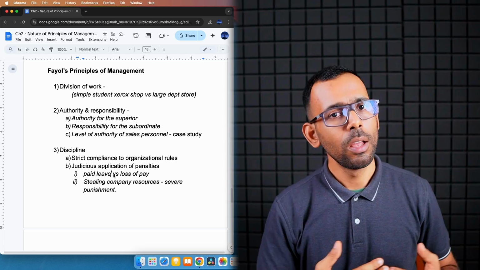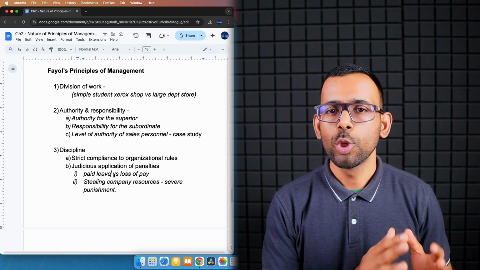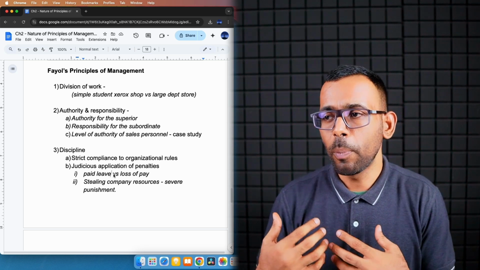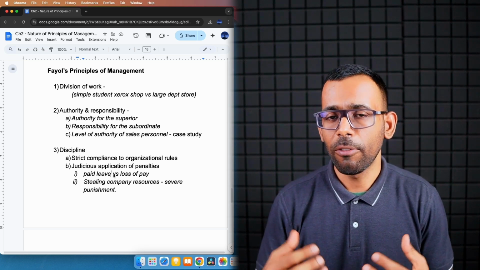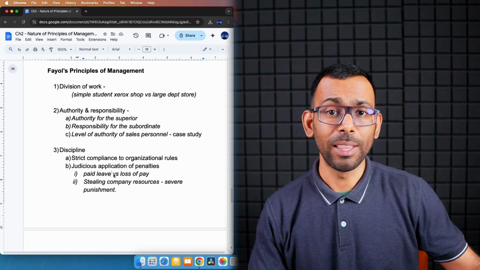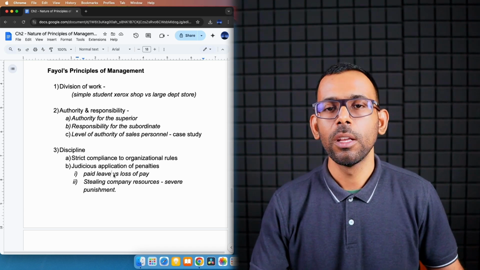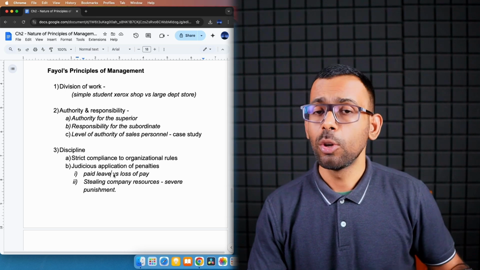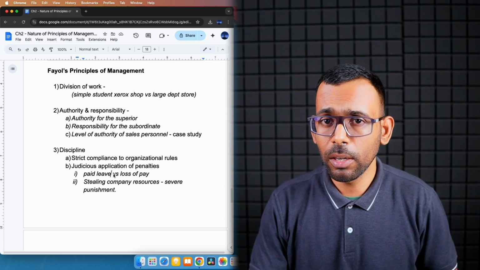If you don't work, I will not be able to pay you. So that is the idea behind this disciplinary action. The company does not immediately sack or fire the employee just because he has taken a leave on the 3rd day, as that will be too much of a punishment, isn't it? So the company decides that I have already allowed you 2 days of leave. Now you have taken that leave for the 3rd day.